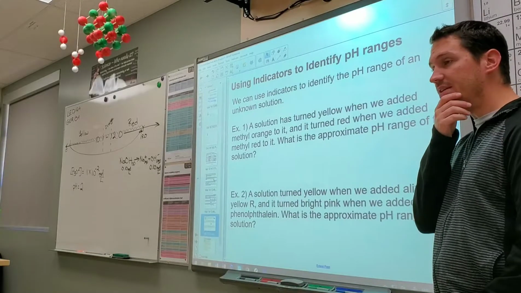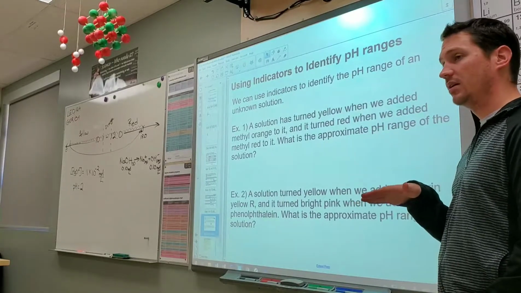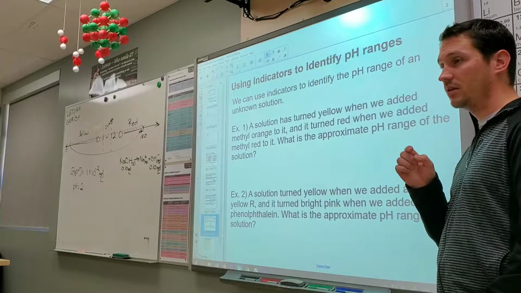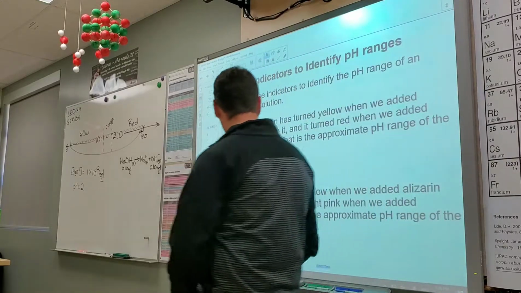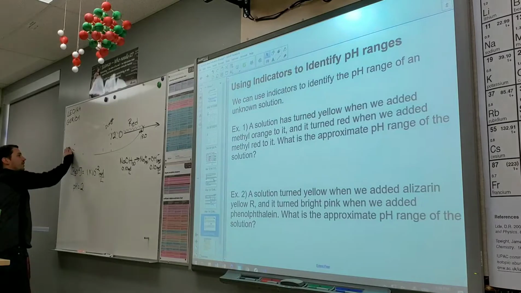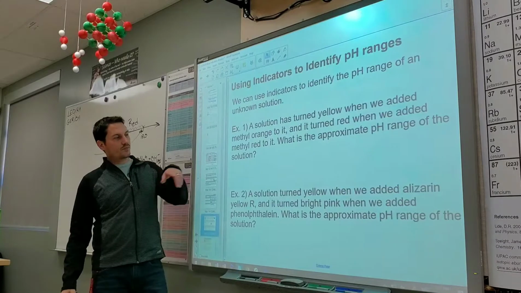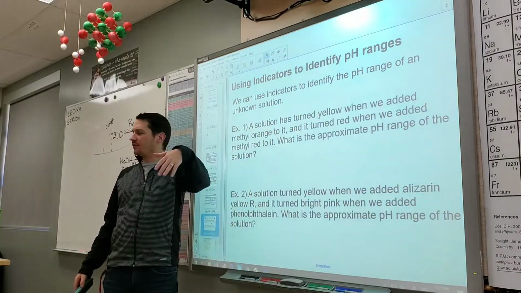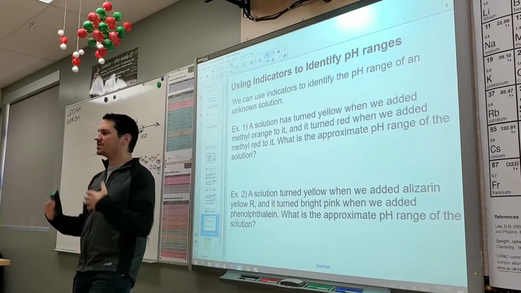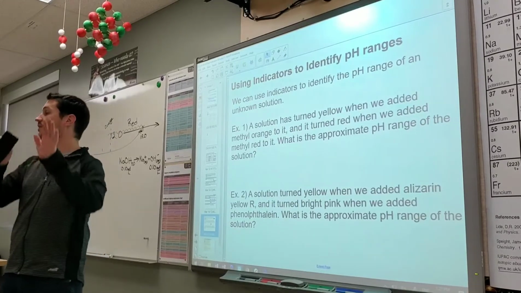This part is probably the hardest part. Everything else has been pretty easy so far. This should take 10 minutes, but I want us to really focus on the process of what we're doing. Now, basically it's going to give us 2 or 3 different indicators, and it's going to tell us it was this color in this indicator, but it was this color in that indicator.